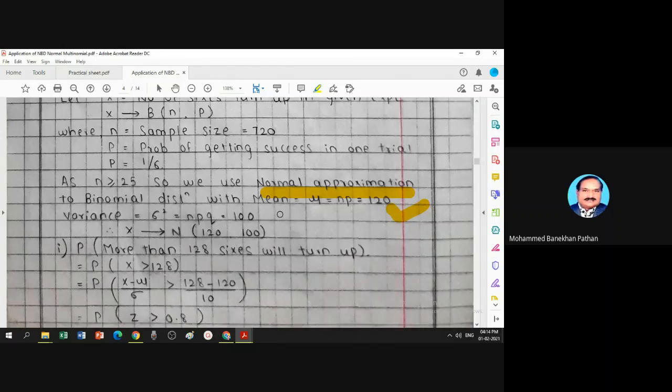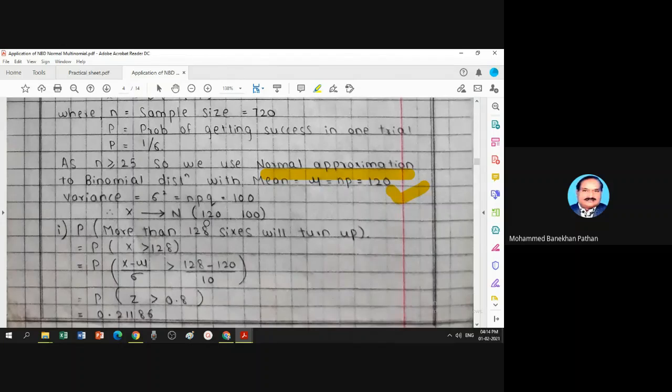So you got mu 120 and sigma square as 100. 6 multiplied by 6, 36. 36 into 720, how much? It's 20. 20 multiplied by 5 is 100.